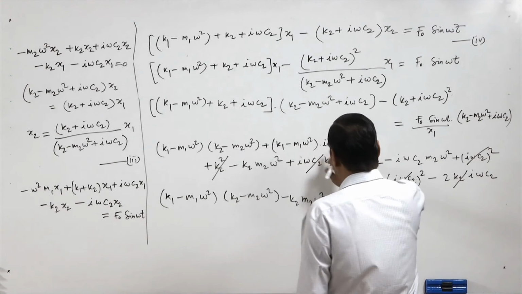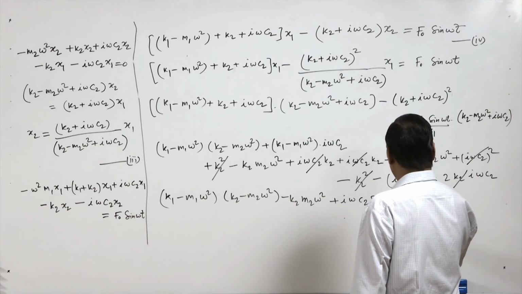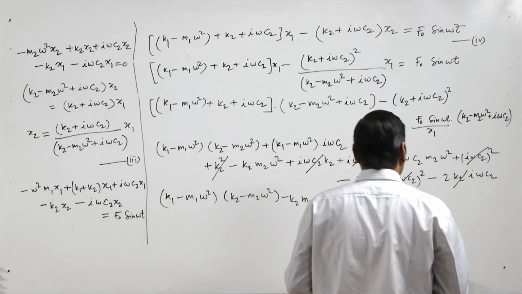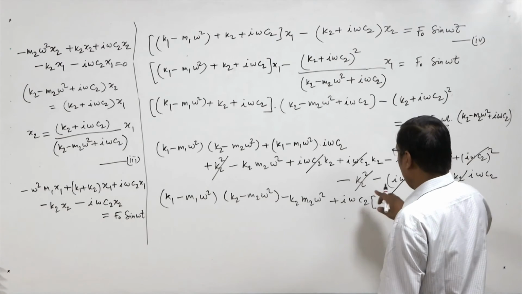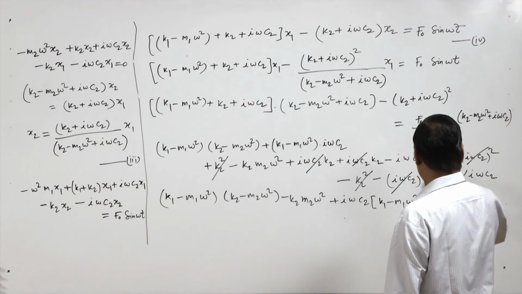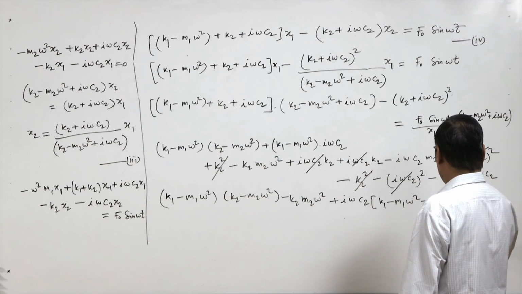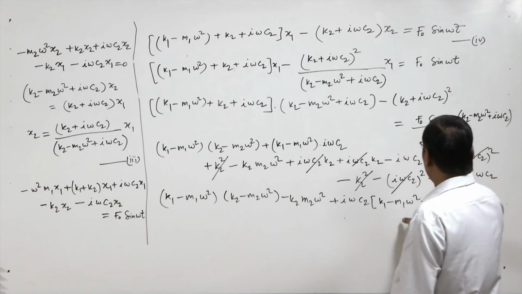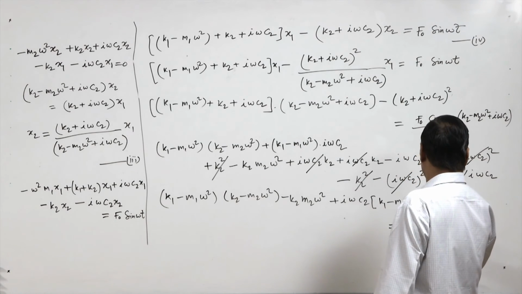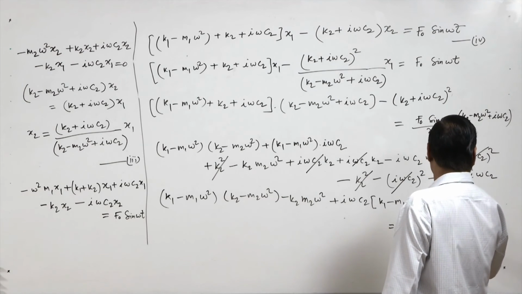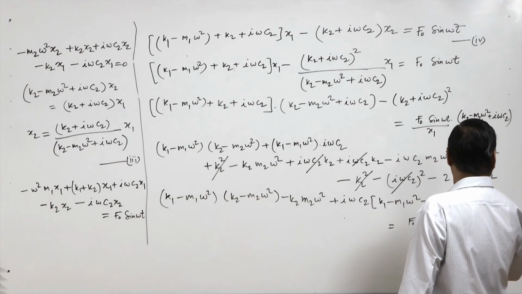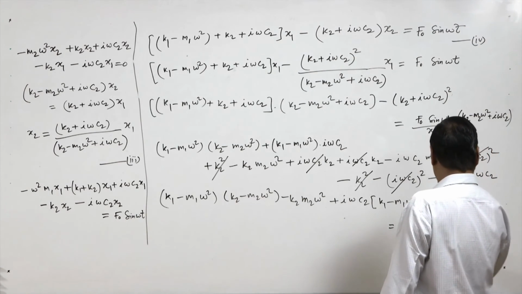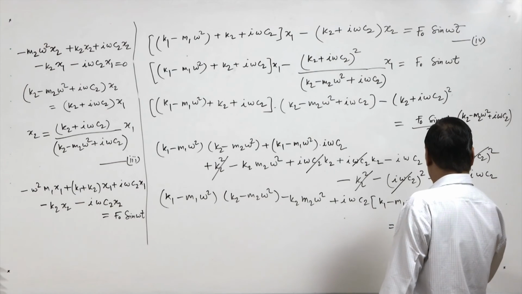So i omega c2 we have k1 minus m1 omega square and then m2 omega square minus m2 omega square, because we can take this out. So this is the left hand side, and that is equal to f0 sin omega t into k2 minus m2 omega square plus i omega c2 by x1.